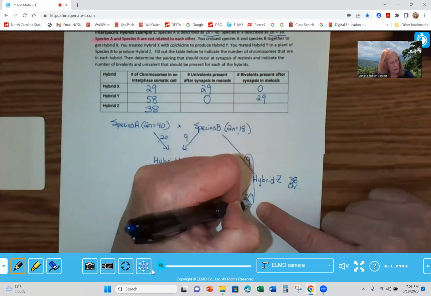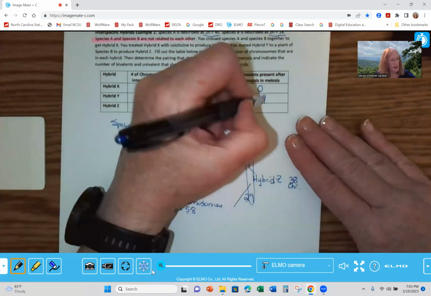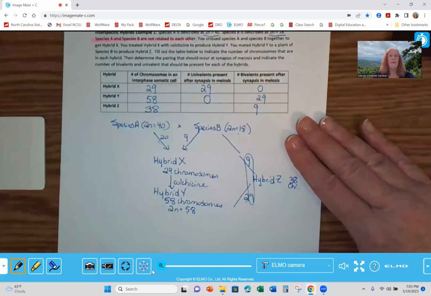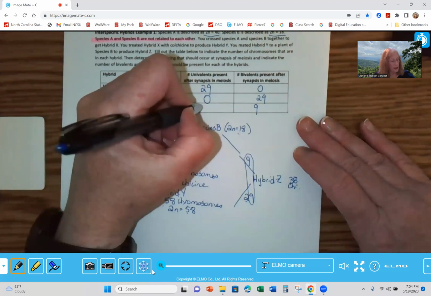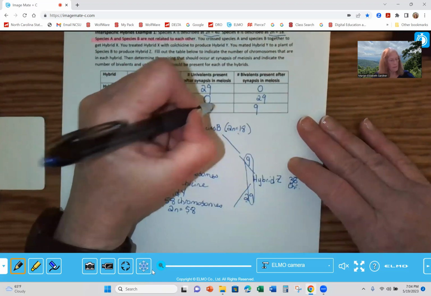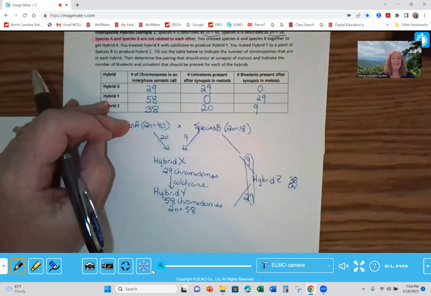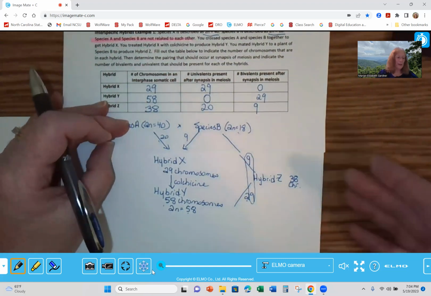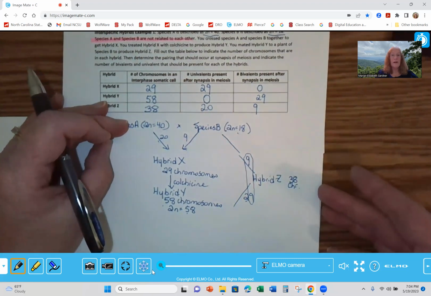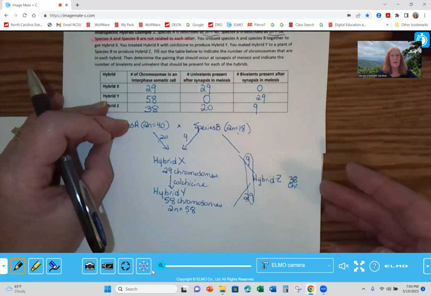So these chromosomes will pair up to make 9 bivalents in meiosis. And that means there are 20 chromosomes that aren't pairing up, and they are the univalents. Now that one is a little tricky to wrap your head around, I do understand. So please look at it carefully and let me know if you have any questions.